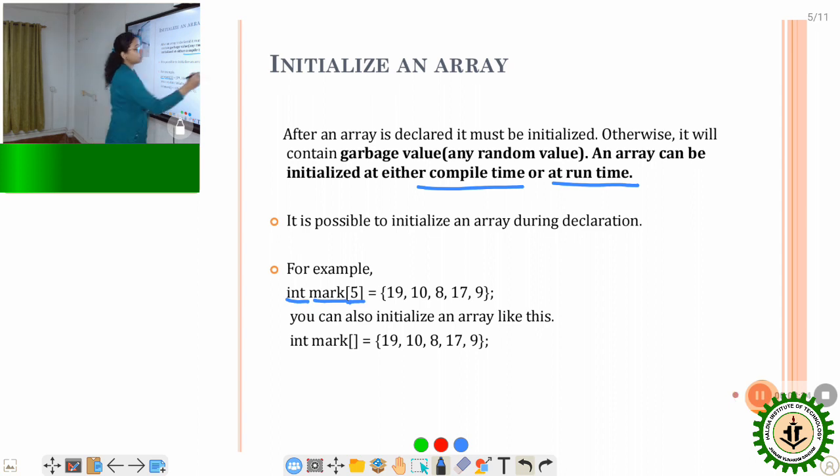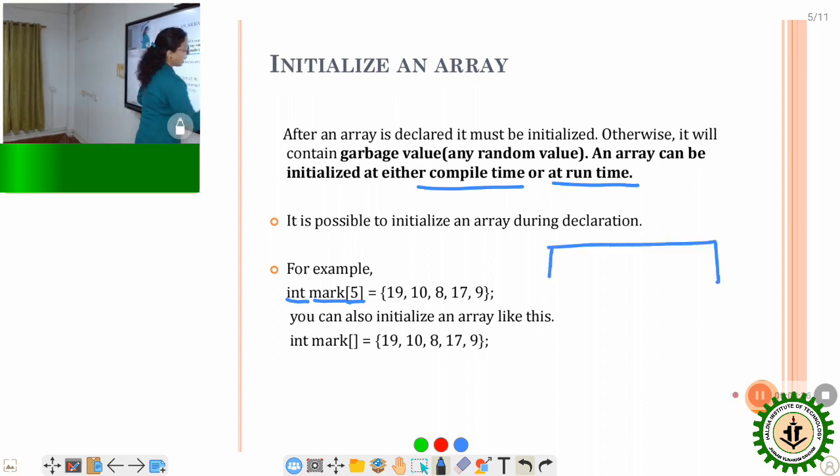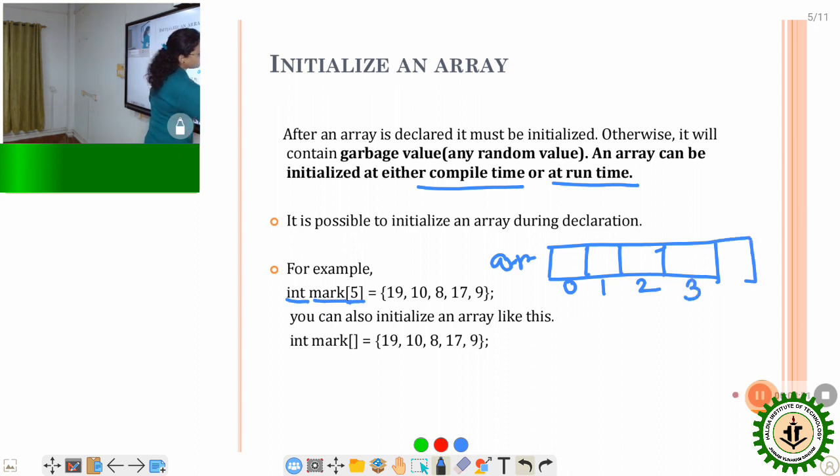Each position, this is our array, that is ARR. Previously we declared this array and the position value, means index, was 0, 1, 2, 3 up to 4 because the array size was 5.